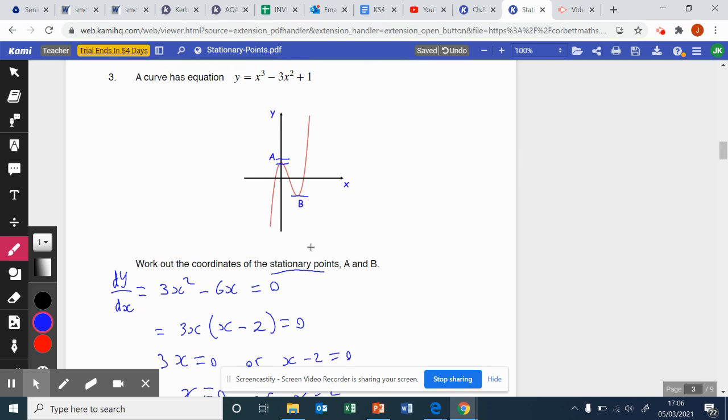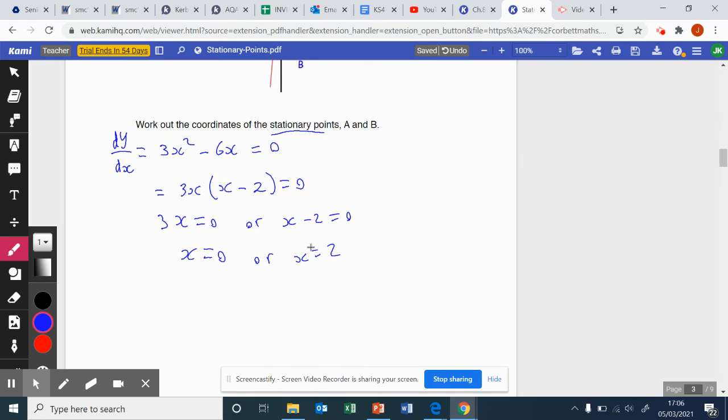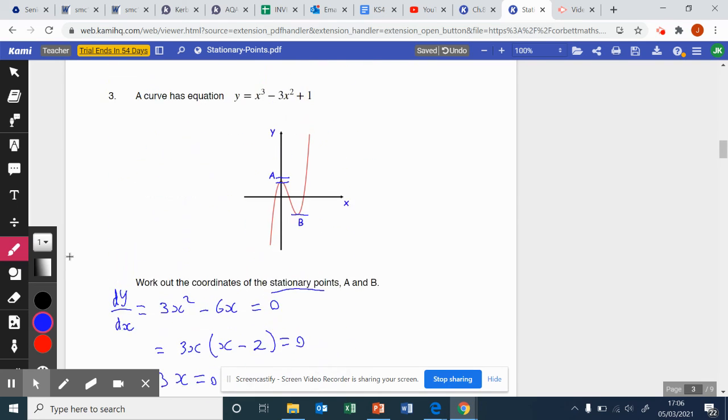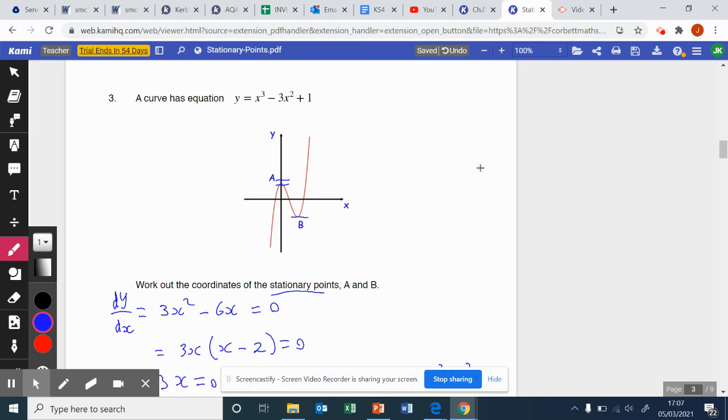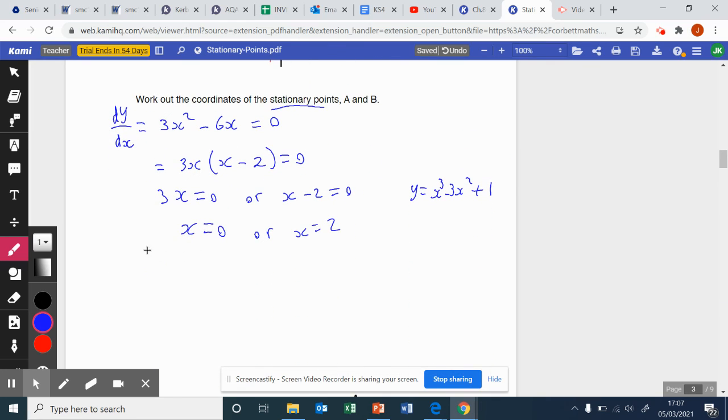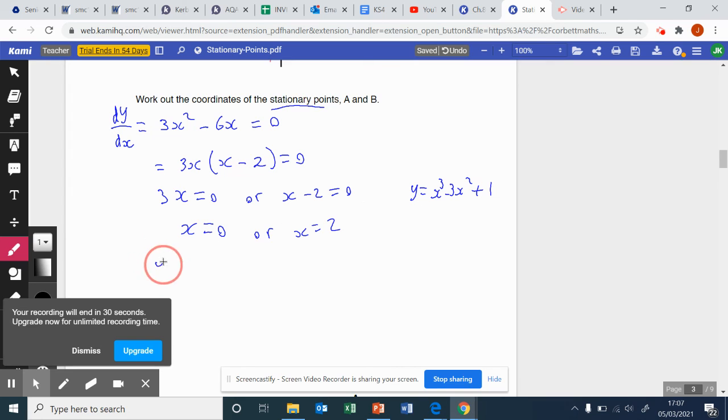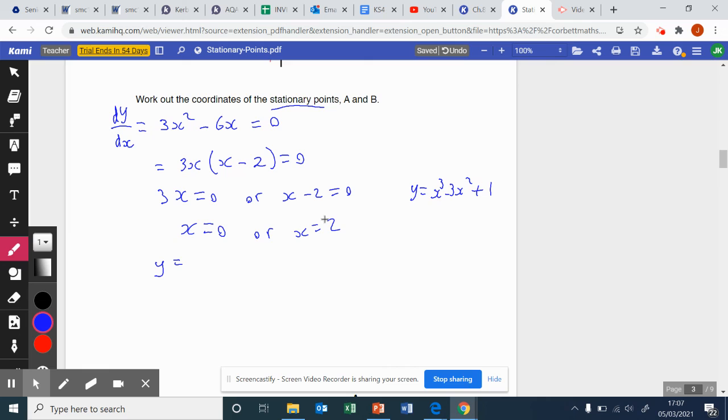Now, the equation was y equals x cubed minus 3x squared plus 1. Was that right? Yep. So I'm going to substitute 0 into the y equation to get that y is equal to 0 cubed is 0 minus 3 times 0 plus 1.